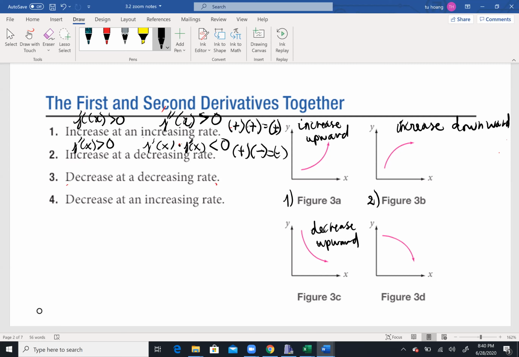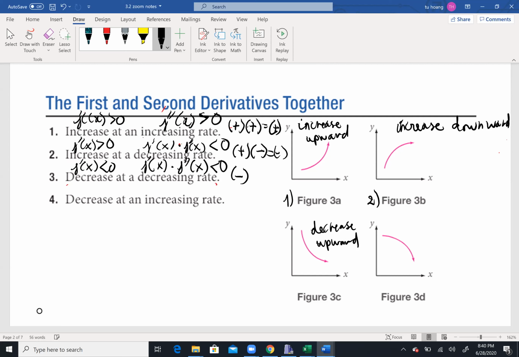So the first derivative has to be less than 0. And for the decreasing rate here, which means less than 0, the product between the first derivative multiplied with the second derivative has to be less than 0.